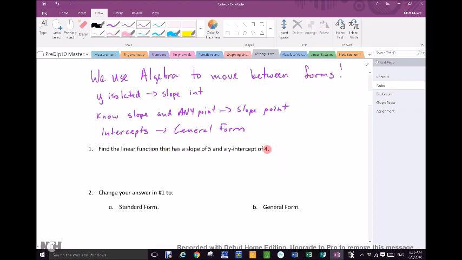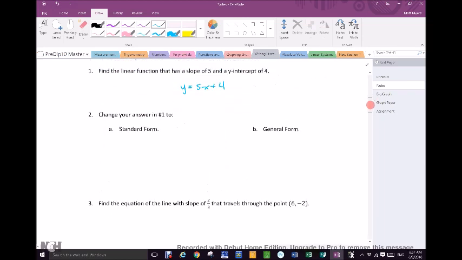In that first question, what do I have? A slope and a y-intercept. So what form do I automatically start with? You would do slope-intercept form. y equals 5x plus 4. Then you would use algebra to move it around.